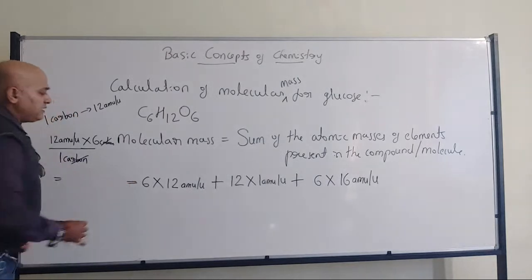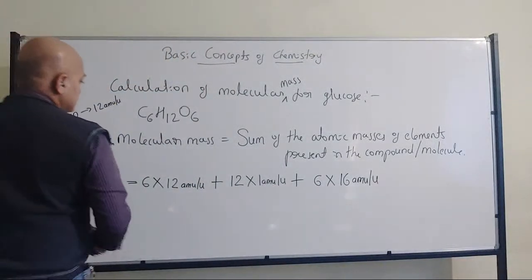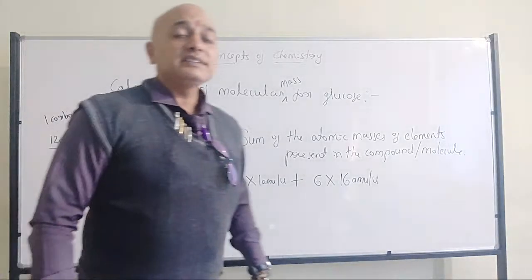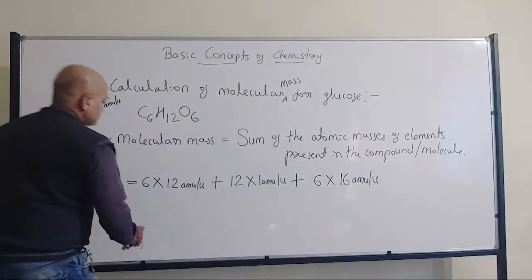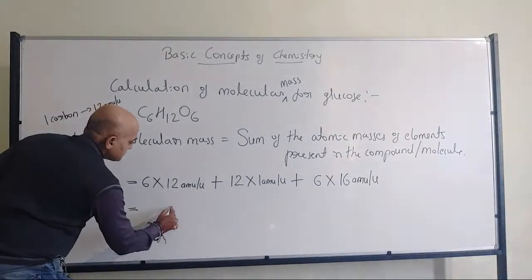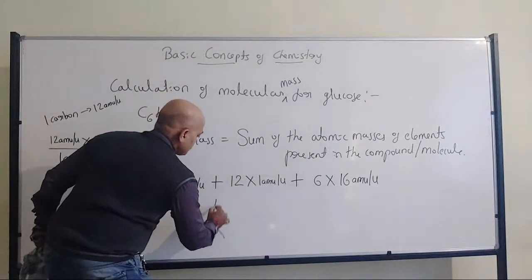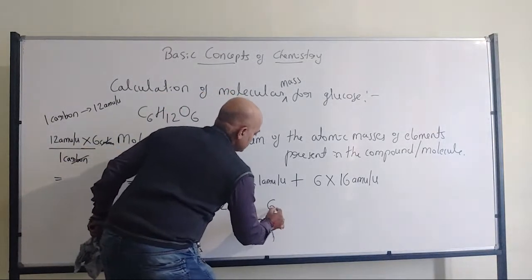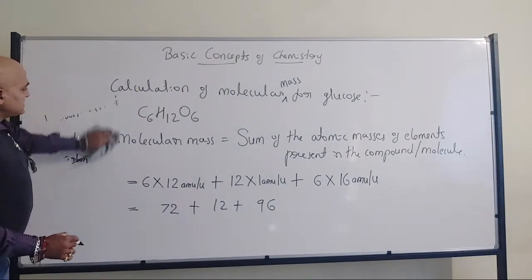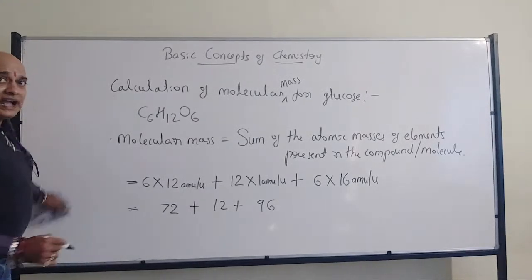So can some of you tell me what should be the answer? 6 into 12 plus 12 into 1 plus 6 into 16. Right? So that's where we have 6 2s are 12, 72, plus 12, plus 6 6s are 36, 96. Right? So we have to add it up.